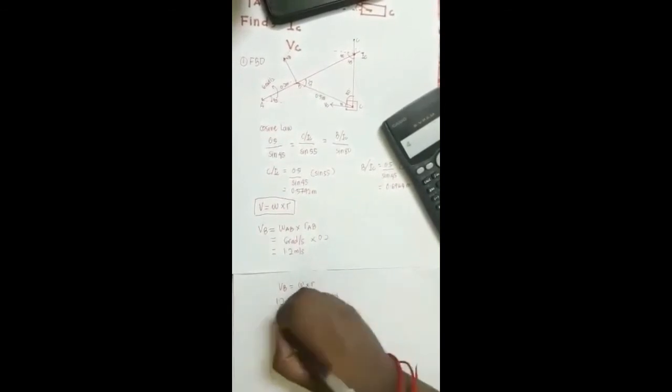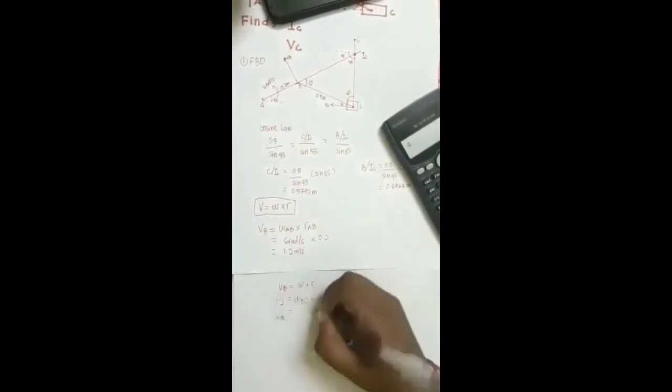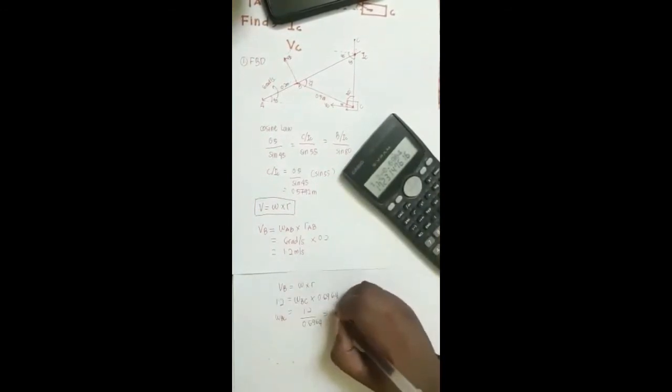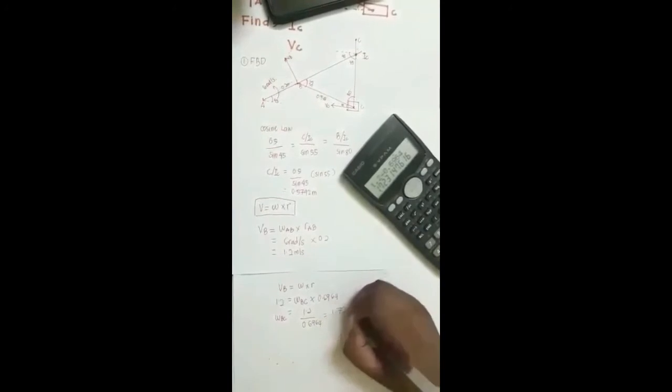By shifting the formula, we get the angular velocity for WBC 1.723 radian per second.